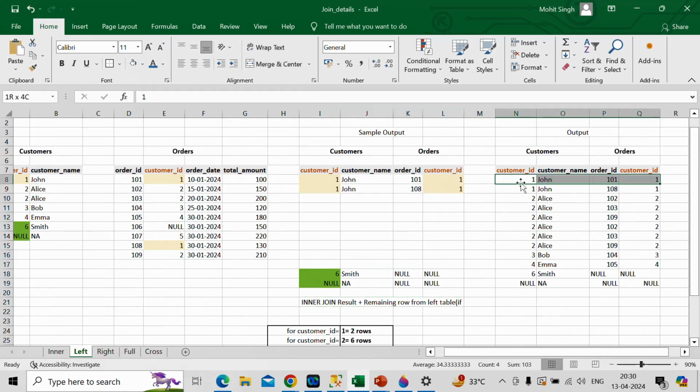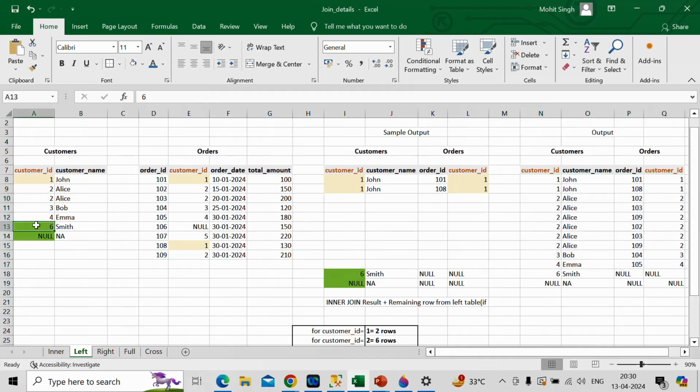So this record will come from inner join, plus these two records, which are extra records from the left table, will come here. And since there is no matching record in the orders table, for columns related to the orders table, the value will come as null. Okay.